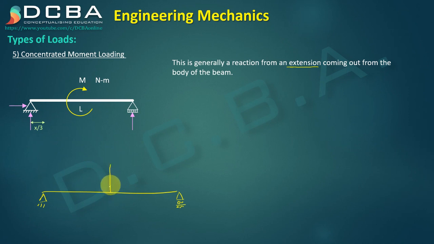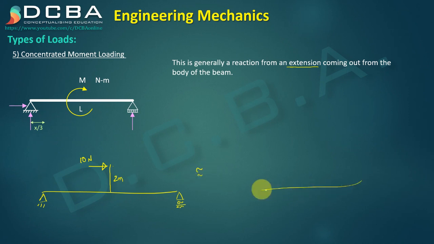This is also a part of the structure only. Let us say I have a column here, and there is a horizontal load acting at this point. Let us say this horizontal load is 10 newtons. The height of this column is 2 meters.